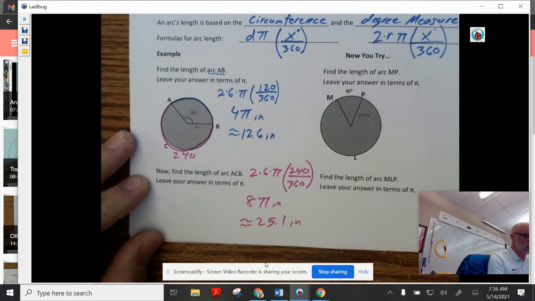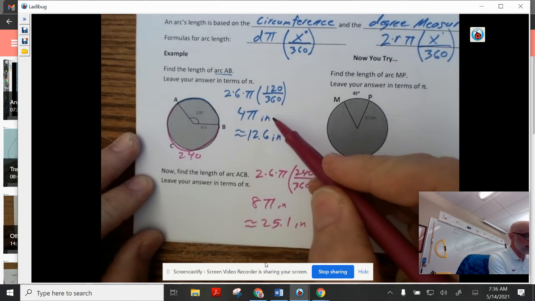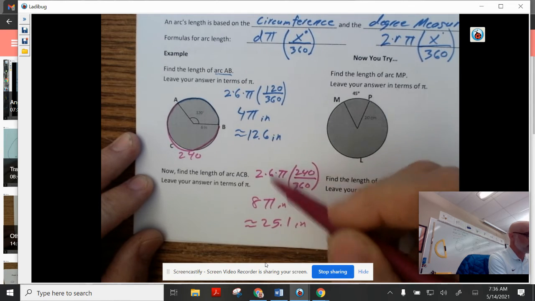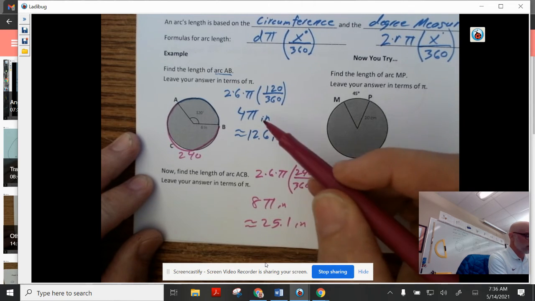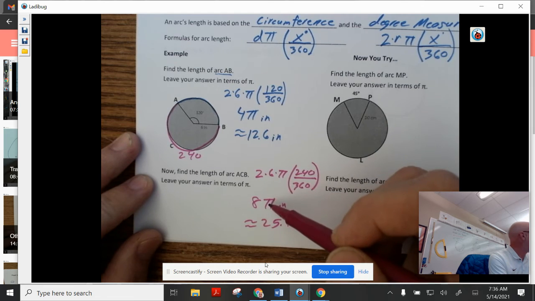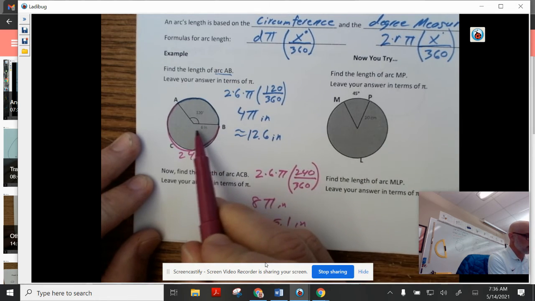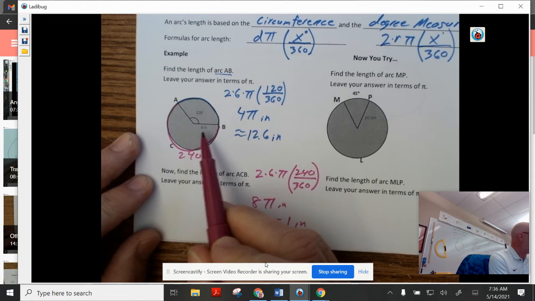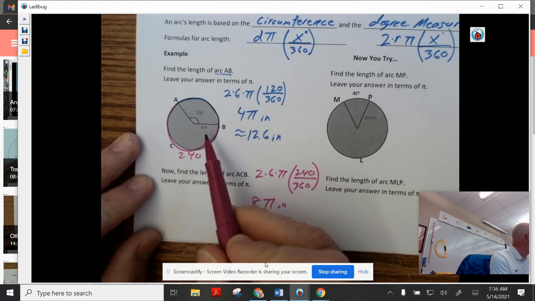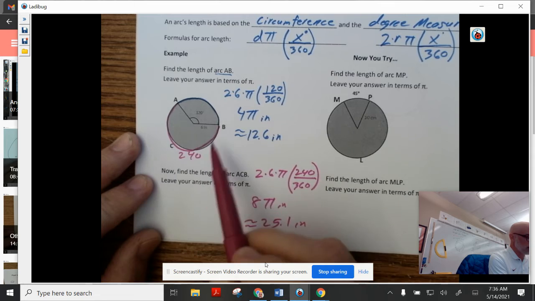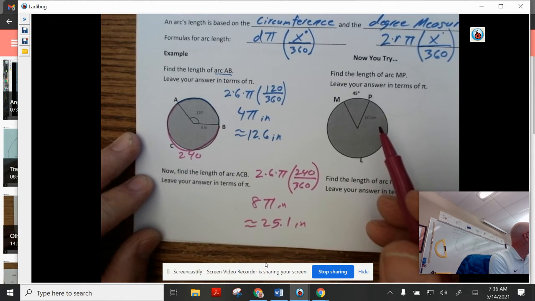And then if you go back and look, this should make sense. If I add the 4 pi and 8 pi, that makes 12 pi, which is telling me that 12 pi is the circumference all the way around, like it should add up. And if you go back and look, yeah, 2 times 6 is 12. So we know the circumference all the way around is 12 pi. This is 4 pi, and that's 8 pi, and that's how it's divided up.